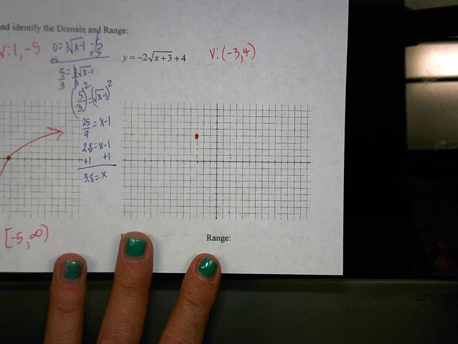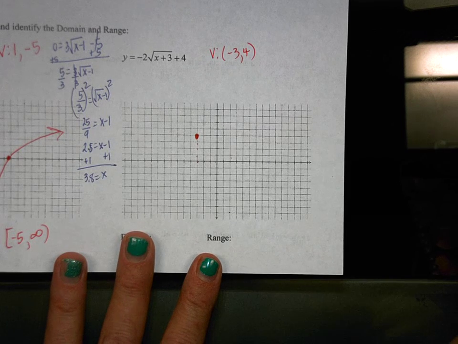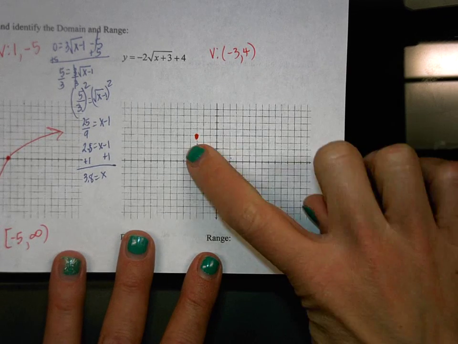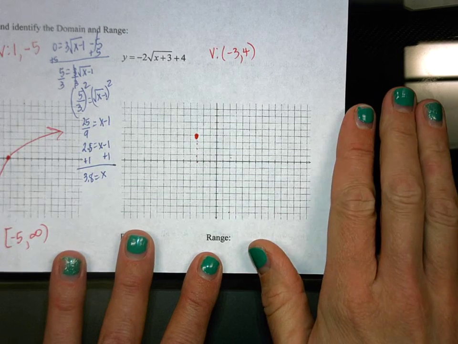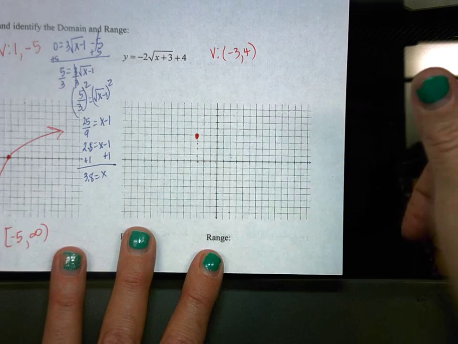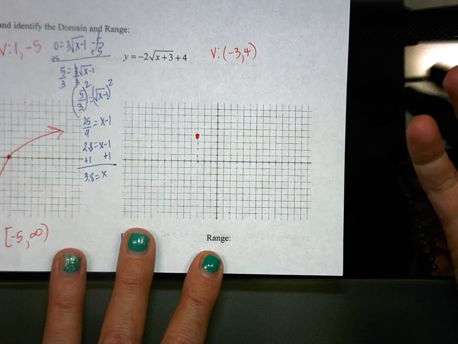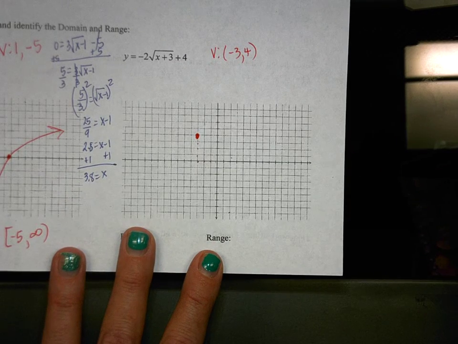We want to find the point where it crosses the x-axis. Because if this was a positive one, it'd be curving up and there wouldn't be an x-intercept. But since it has a negative in front and it's curving down, we know there's going to be an x-intercept. Okay? And so, again, how do I find my x-intercept?